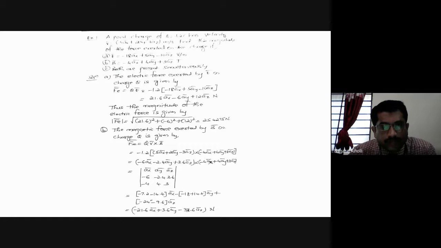So it is Fm bar is equal to minus 21.6 ax bar plus 3.6 ay bar minus 3.6 az bar Newton. Okay, this is the equation for the magnetic force Fm bar. Note down here this equation. Last step.